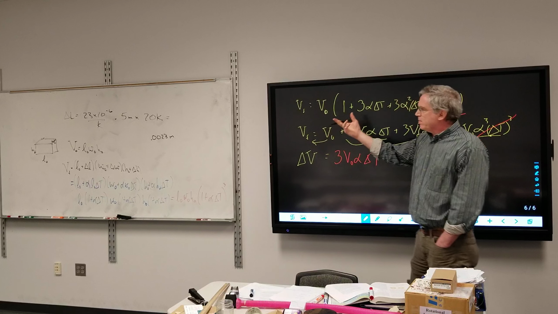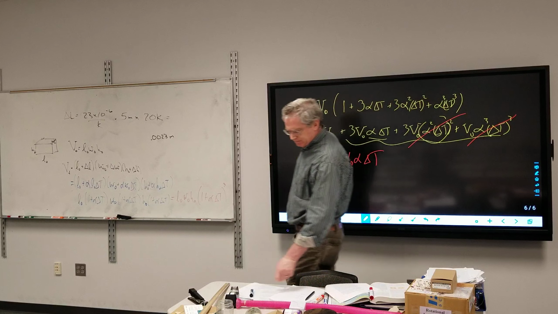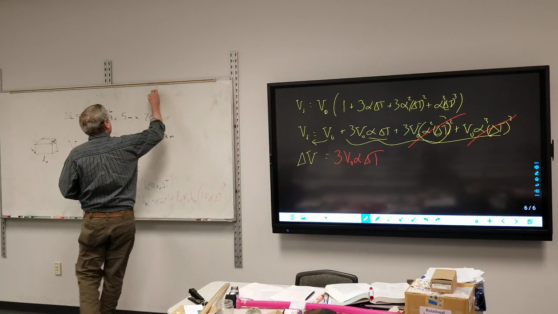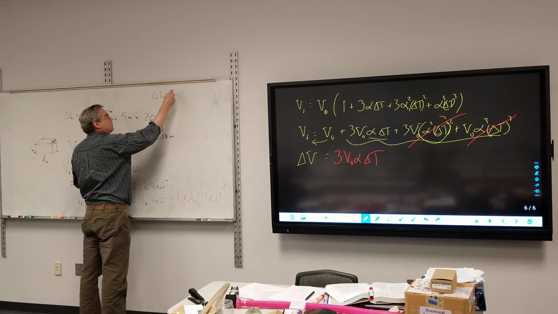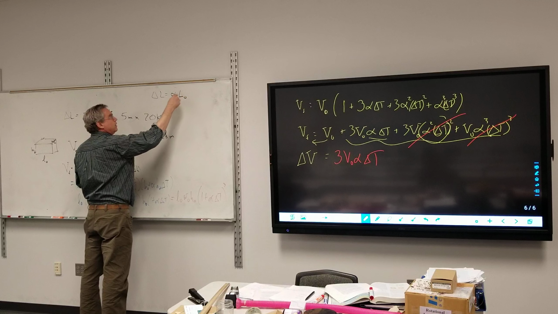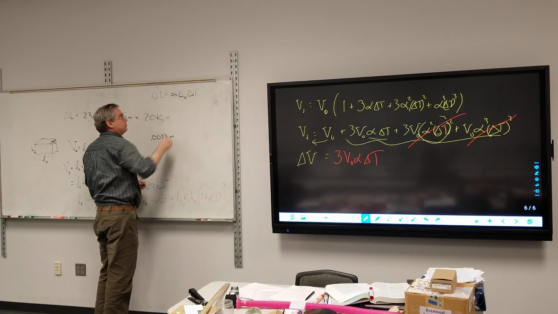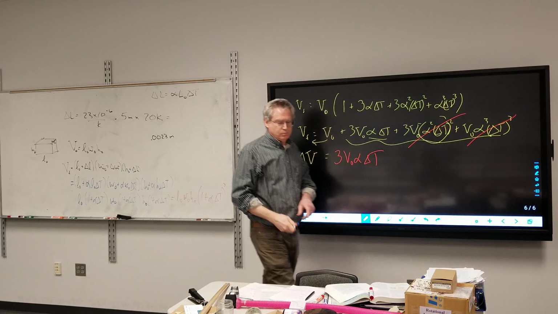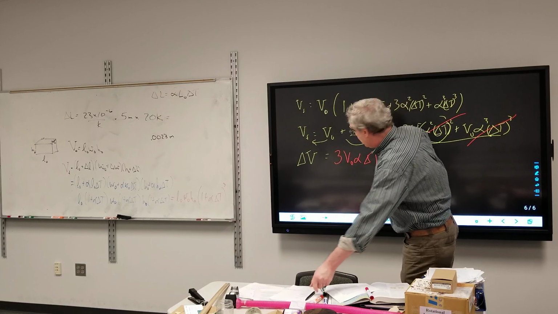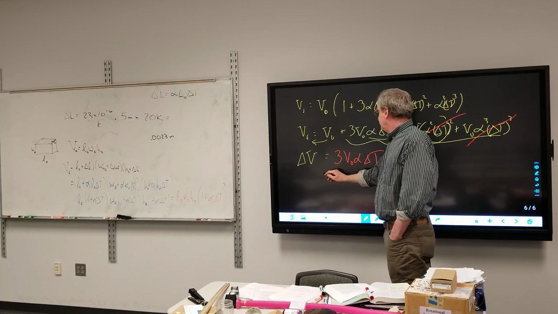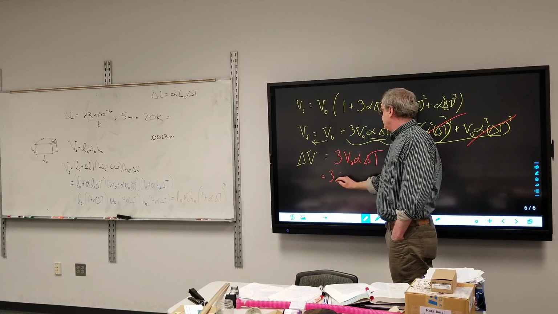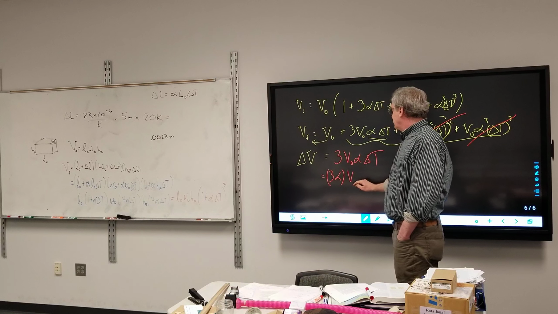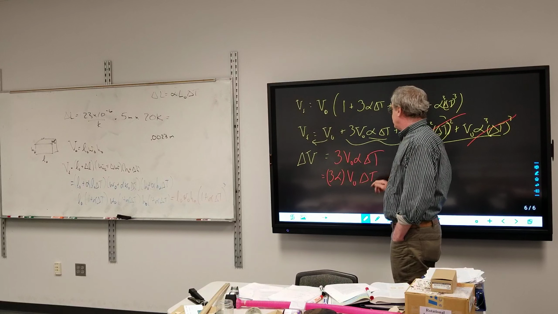And so if we think about the formula for delta L being alpha times the initial length times the change in temperature, here we have 3 alpha times the initial volume times the change in temperature.